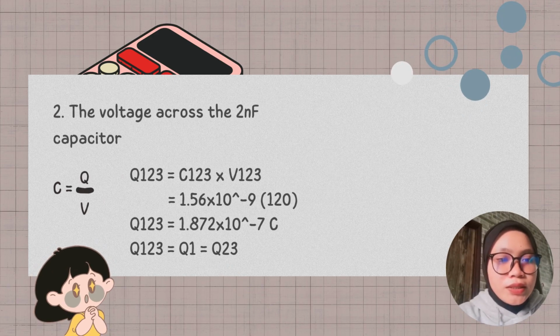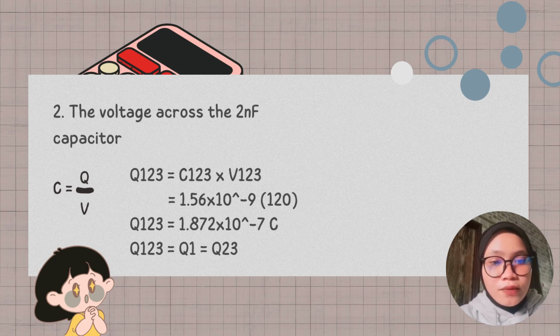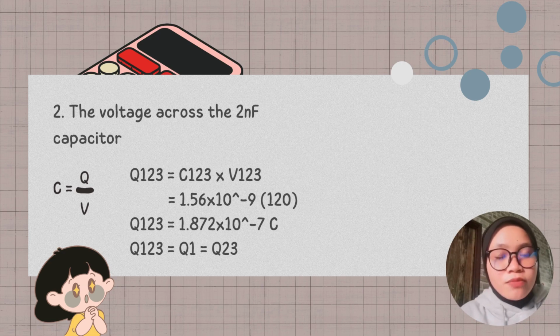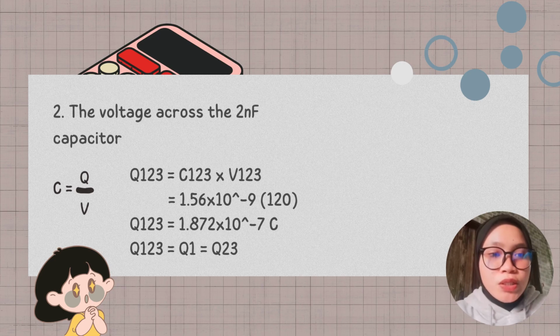The second question is the voltage across the 2 nanofarad capacitor. We have the formula C equals Q over V. We arrange the formula to become Q equals C times V. So Q123 equals C123 times V123. C123 is the answer for question 1.